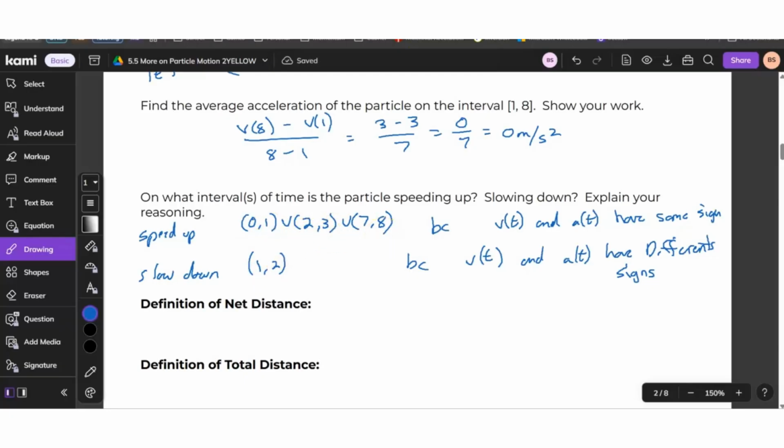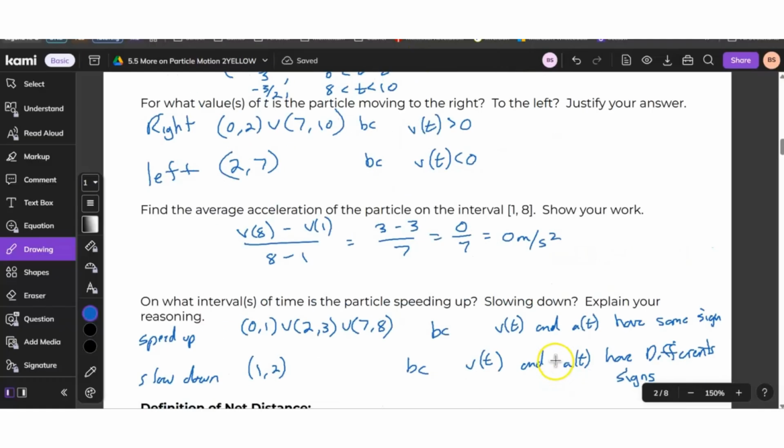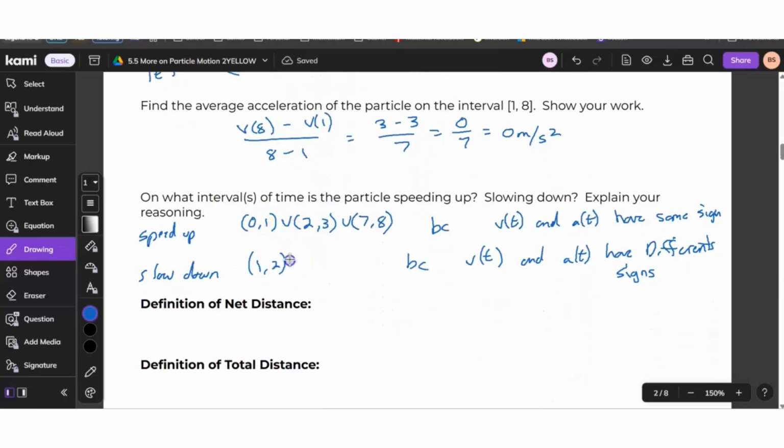It won't be 3 to 7 though, because there's that flat part. So 6 to 7, and then again from 8 to 10. Reasoning: v of t and a of t have different signs.